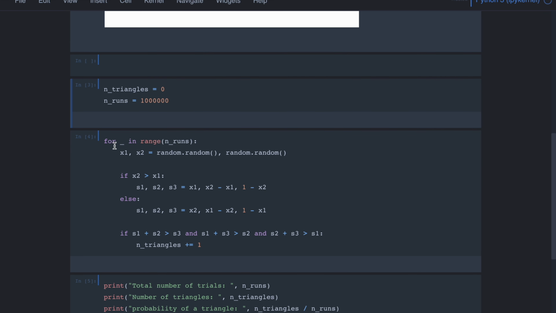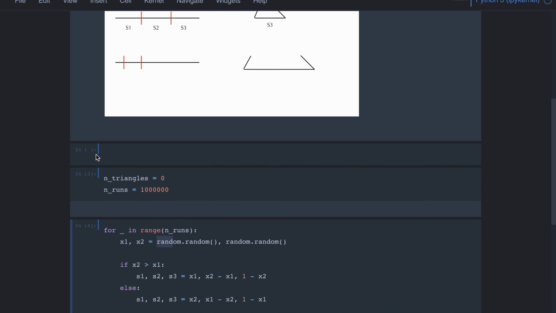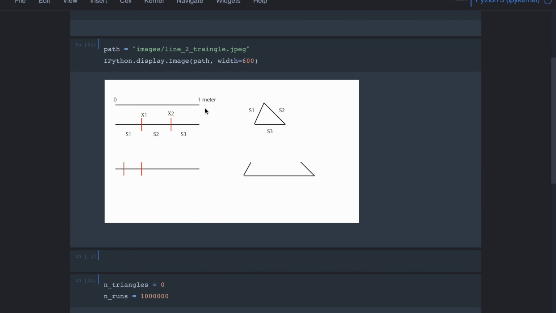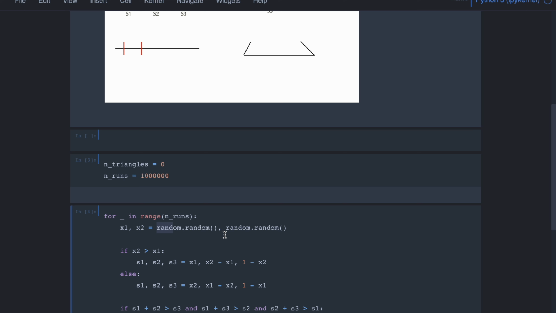So we loop over the experiments and then we pick two random numbers. As you know, this will generate a random number between 0 and 1 with uniform distribution, so any number between 0 and 1 is equally probable. So we picked two numbers, x1 and x2.